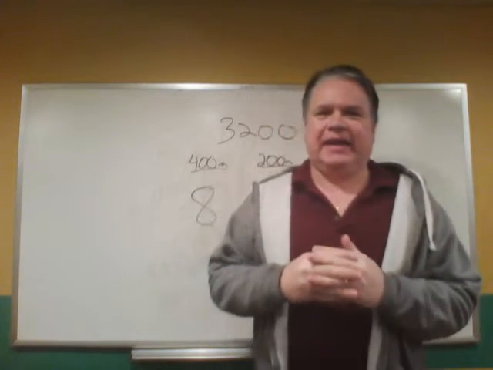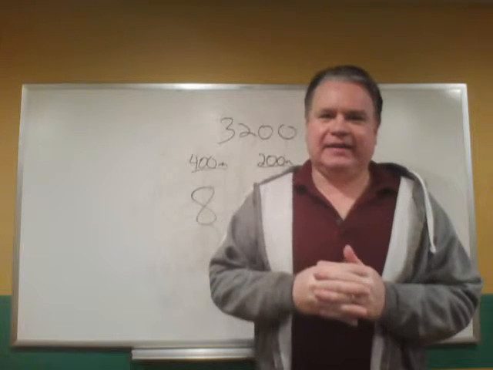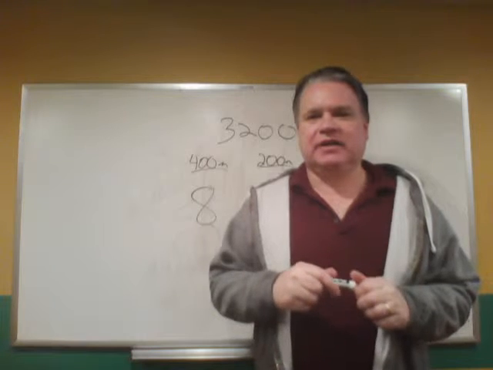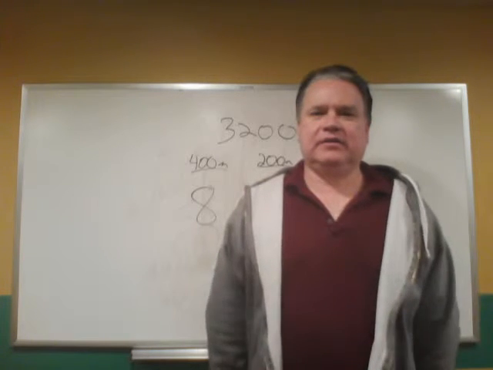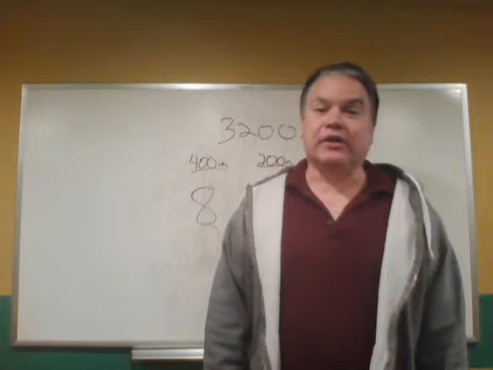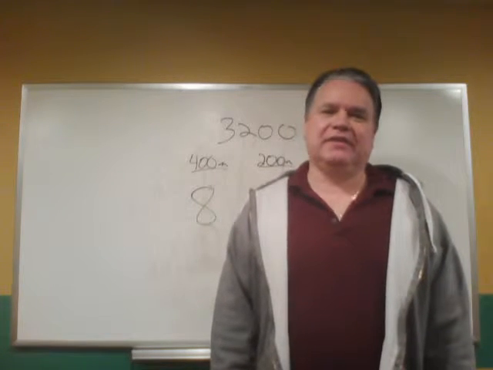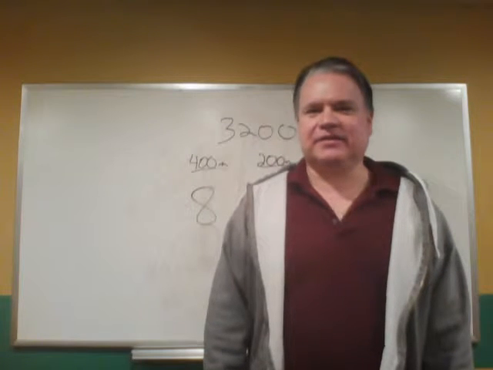The 3,200 is really a specialist's race. A lot of the runners who run the 3,200 really only run the 3,200, or maybe they run the 1600 and the 3200.